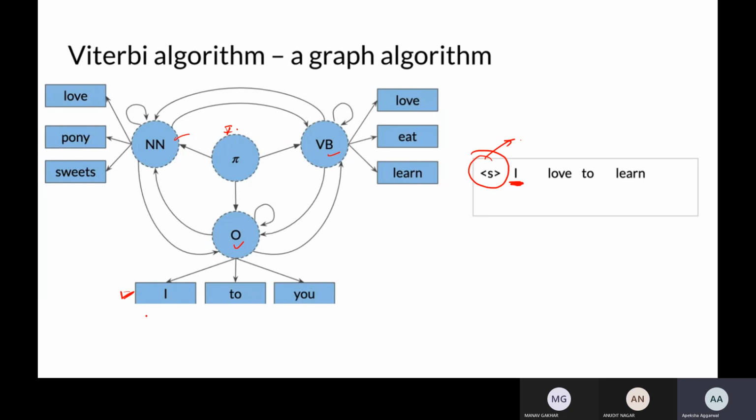This is calculated from the transition matrix, which gives me the probability of moving from one state to another, multiplied by the emission matrix, which gives me the probability of occurrence of I given a particular state.